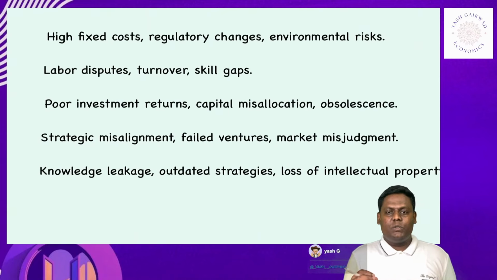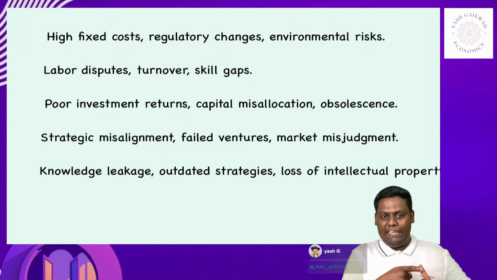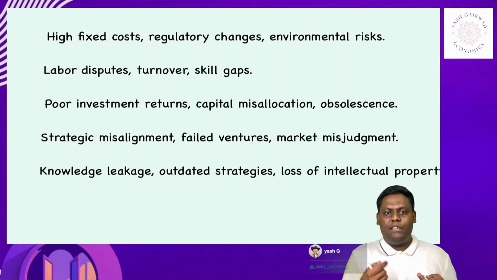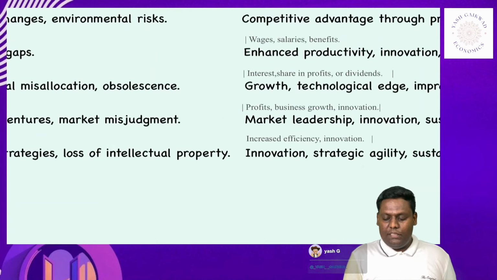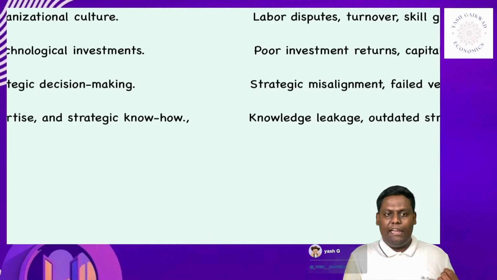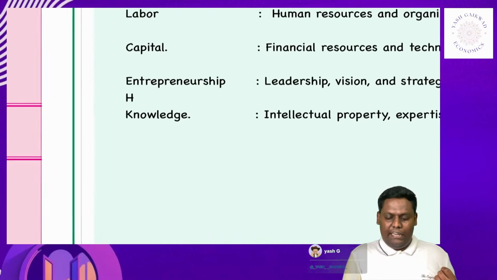Now, the risk associated with capital is that you may invest in a product line that either does not generate high sales, or the market is declining for that product, or due to technical improvements, your investment in technology and capital goods becomes obsolete. The reward for capital is in terms of interest or the share of in profit, which is further termed as dividends. And lastly, we look at entrepreneur.